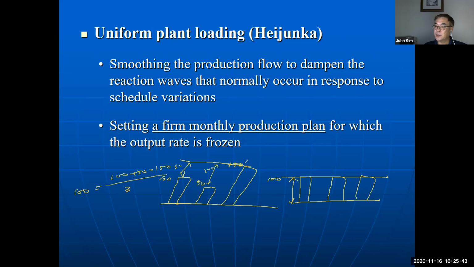So before this 150, this company can reduce by 50 capacity. So this can be unnecessary capacity.